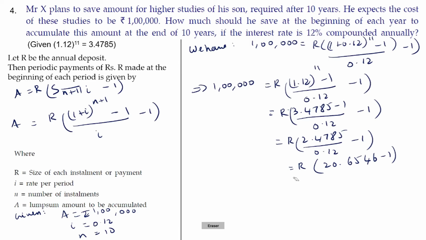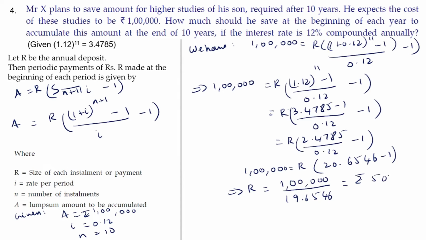So from this we have R as 1 lakh upon this 20.6546 minus 1, which is 19.6546. When we simplify, we get rupees 5087.87. Therefore, R is equal to rupees 5087.87.